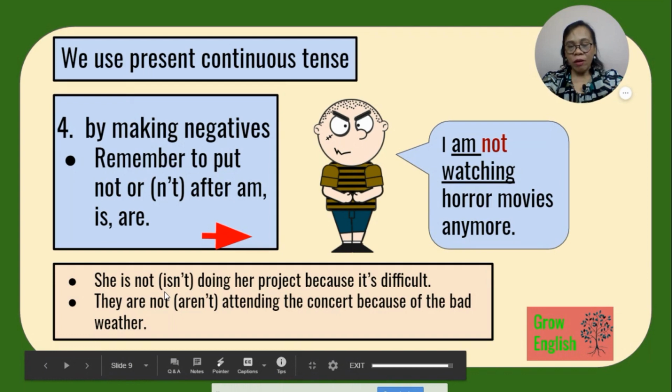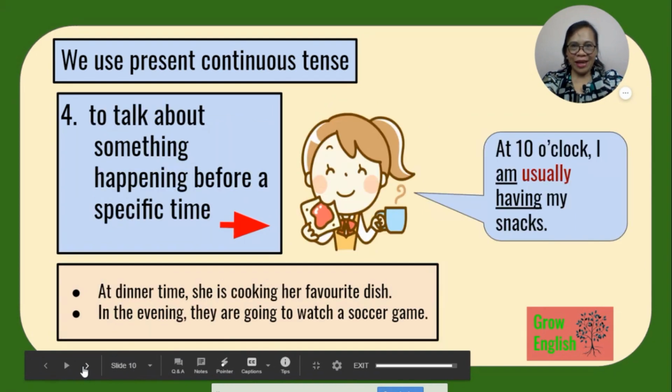I just placed here the word isn't, which is the contraction of is not. Okay, she is not or isn't doing her project because it is difficult. And the next example is they are not or they aren't attending the concert because of the bad weather. Okay, so I hope these are clear to you. Let's go to the next slide.